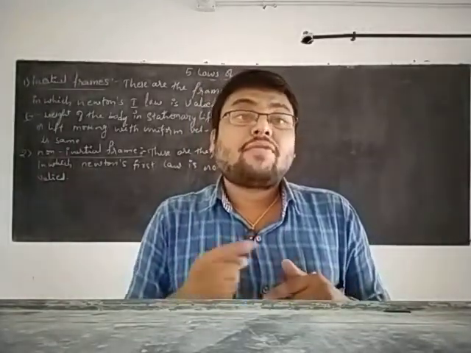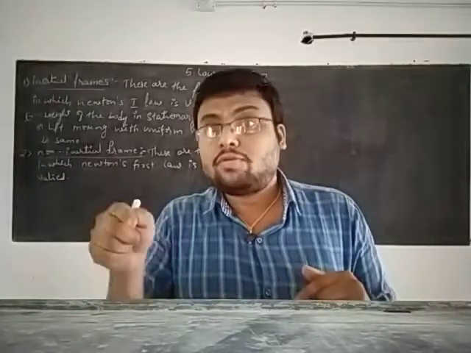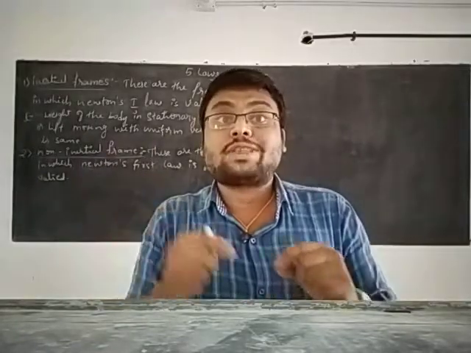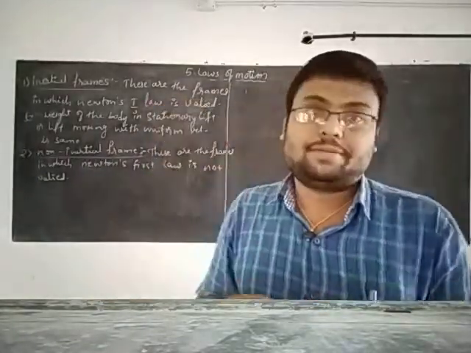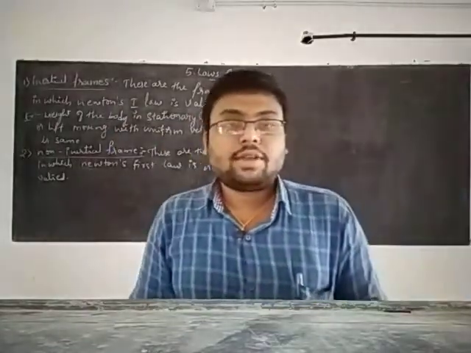Here, apart from the actual force applied on the body, one more additional force appears to act on the body. Not actually, it only appears to act on the body. Is it clear?